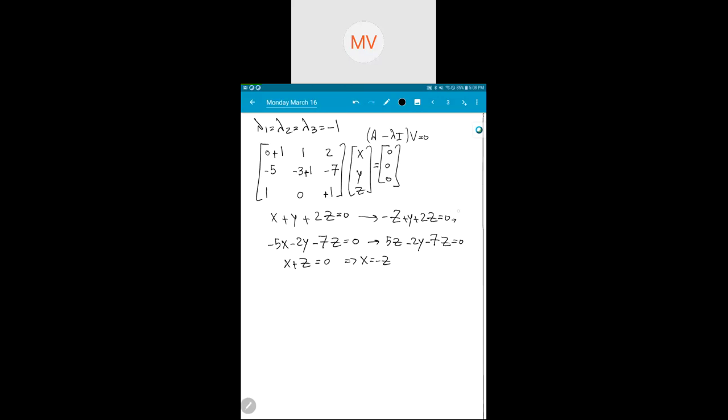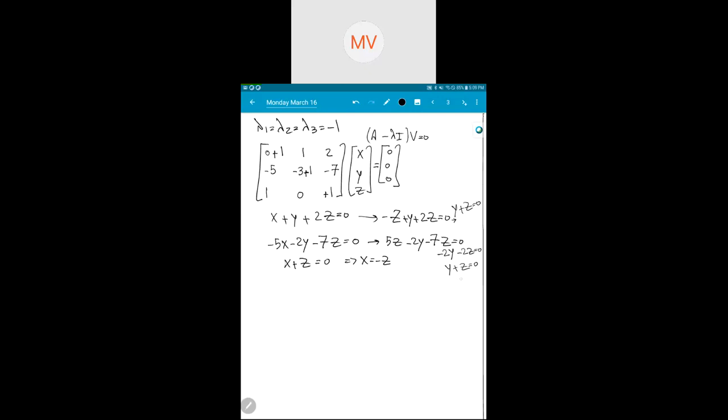This one says y plus z equals 0. And what is this one telling us? That one says -2y minus 2z equals 0, which is the same thing, right? If you divide by 2, so eventually, let me write it down. So it says -2y minus 2z equals 0, which is, again, y plus z equals 0.